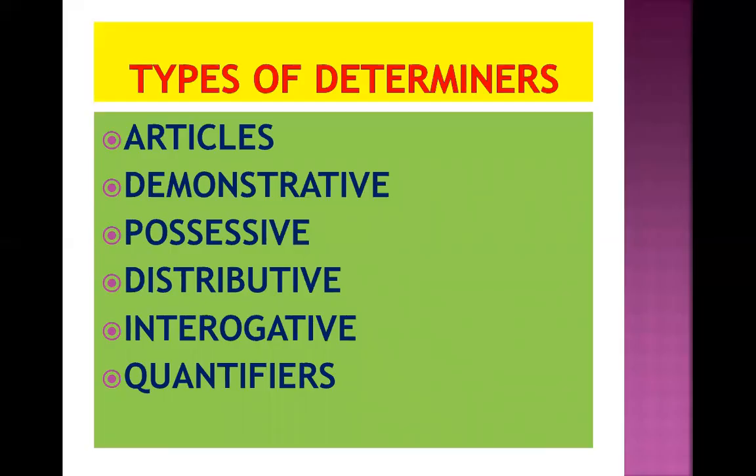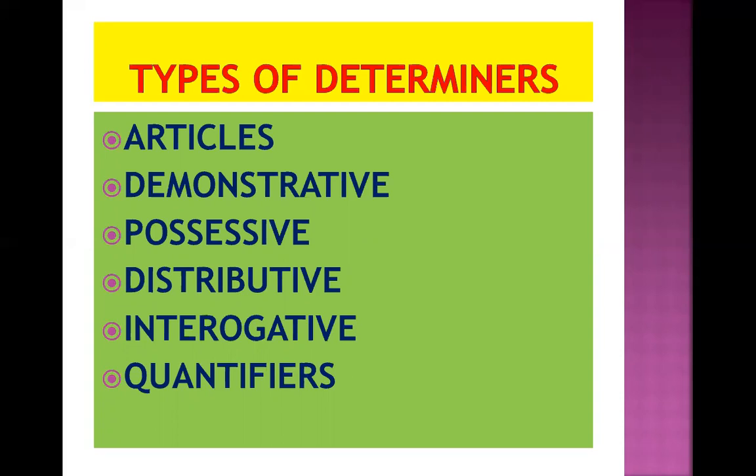Types of determiners. When I began, I had told you that determiners are divided into two important categories. First one was specific determiner, and second one was general determiners. Specific determiners are used in noun phrases to talk about or indicate specific people or things.